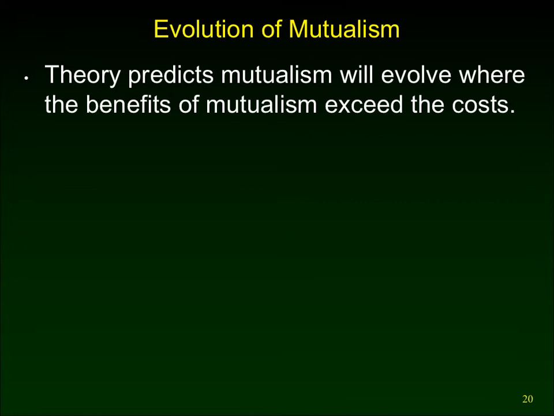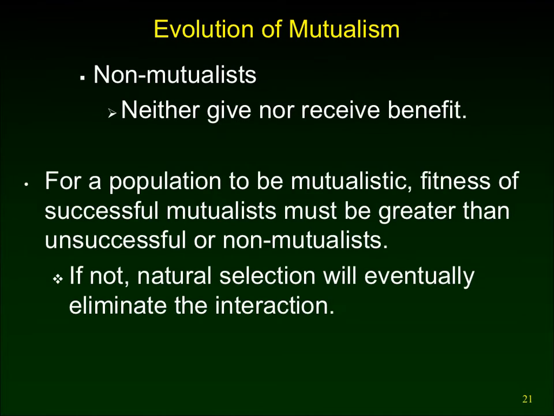If they're not successful, they may give but not receive benefits. You can see this here in this example. The non-mutualists neither give nor receive benefits, and so the fitness must be due to some kind of advantage.